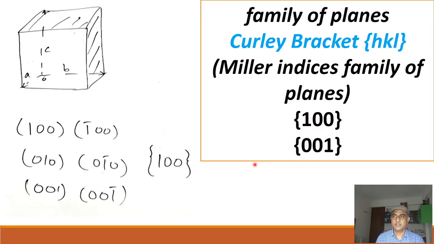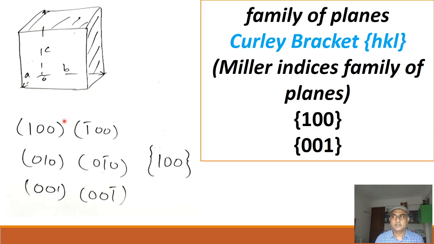This is the hexagonal unit cell. In the cubic system, these are the planes. Okay, how many planes? 1, 2, 3, 4, 5, 6. Each plane is represented by these numbers: 1, 0, 0, minus 1, 0, 0, 0, 1, 0, 0, minus 1, 0, or whatever the numbers are.